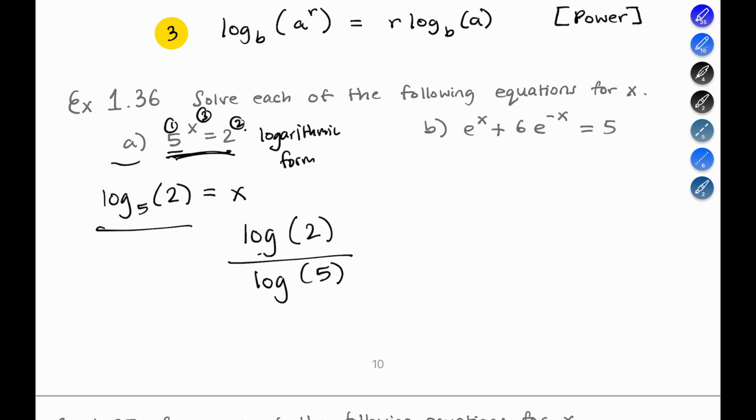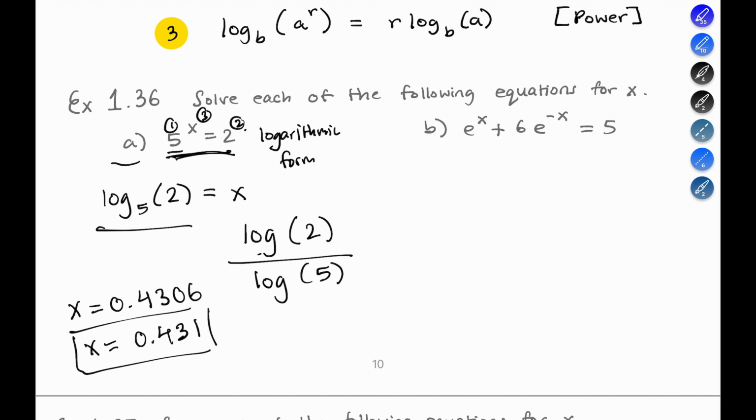So if I do that on my calculator, I put log of 2 divided by log of 5, click enter, and I get x is equal to 0.4306, or x is equal to 0.431. So that's our answer for part A.